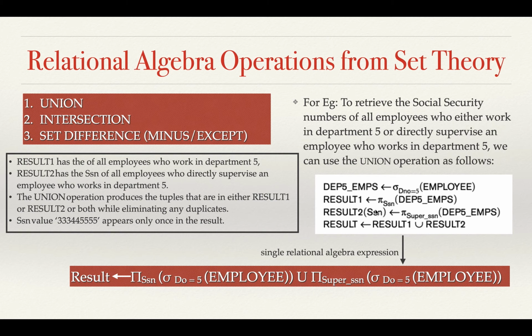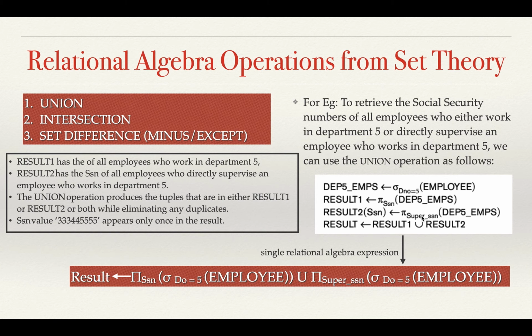Next part of the query is who are going to supervise department 5, right? So that is the super SSN attribute, which gives the supervisors list. Now in dep5 underscore emps we have all the employees who work in department number 5.